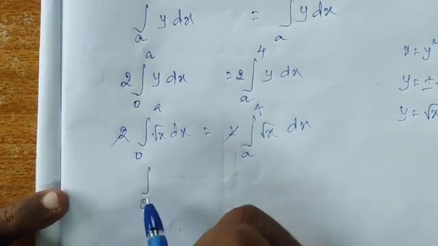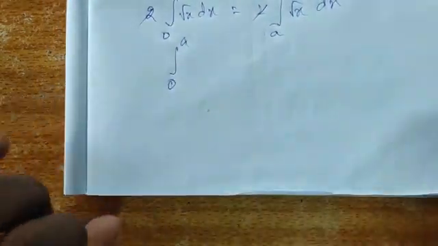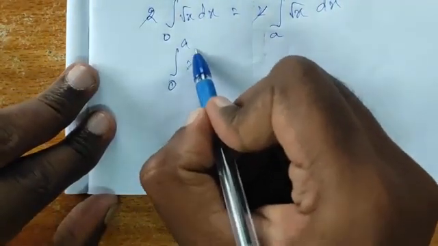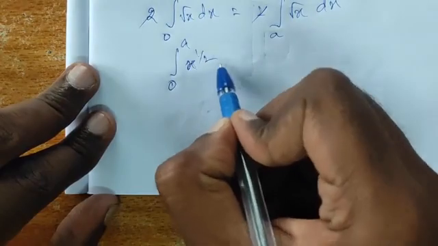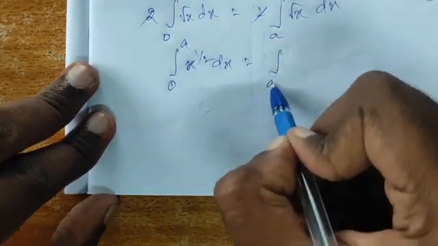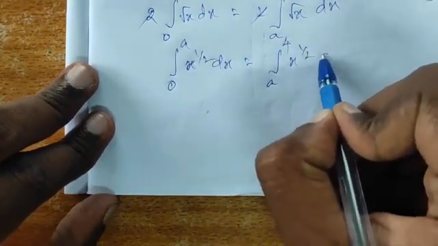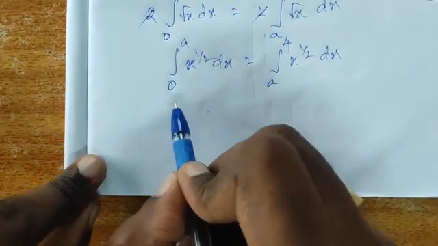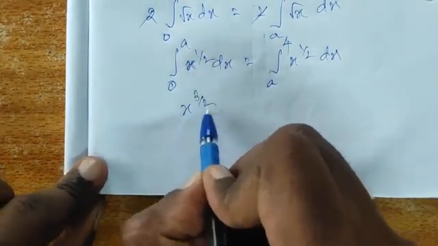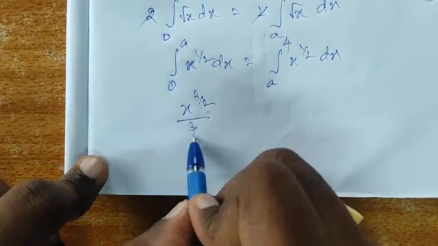Therefore, integration 0 to a of x power 1 by 2 dx is equal to integration a to 4 of x power 1 by 2 dx. The integration of x power 1 by 2 is x power 3 by 2 over 3 by 2.